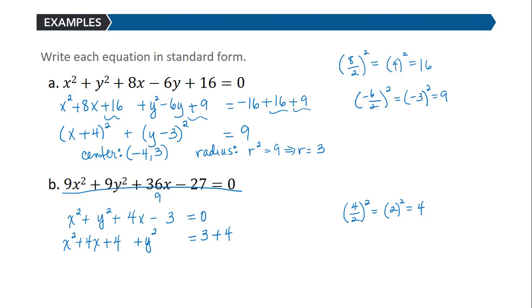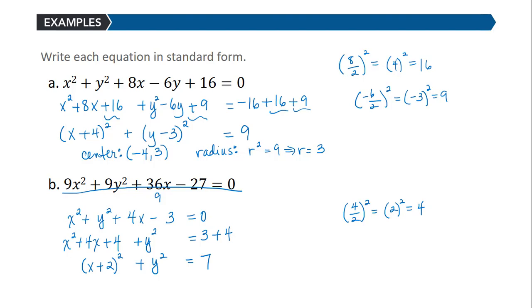I actually don't have to complete the square there, because the coefficient of y is 0, so there's nothing I need to do there. So now I'm going to write this as x squared plus 4x plus 4 in the factored form, which is (x plus 2) squared plus y squared is equal to 3 plus 4, which is 7.